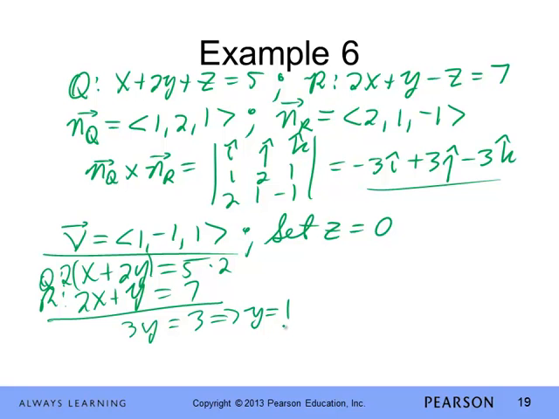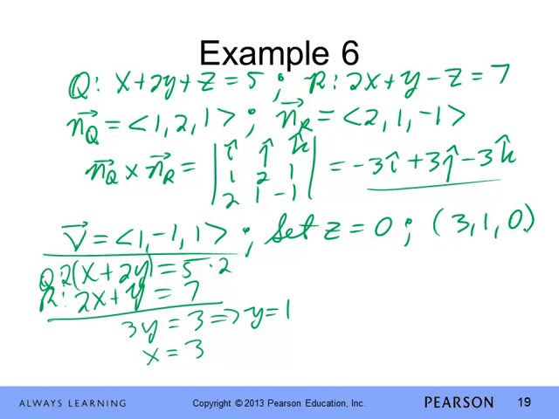Plug that 1 back into either one of these equations, maybe the second equation here. y is equal to 1, that means 2x is equal to 6, which means x is equal to 3, right? So we have a point of intersection: 3, 1, 0.